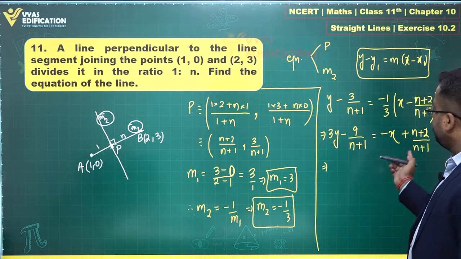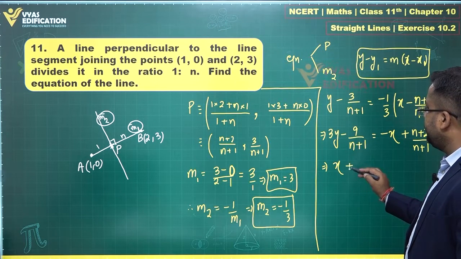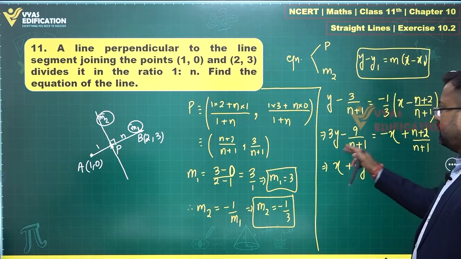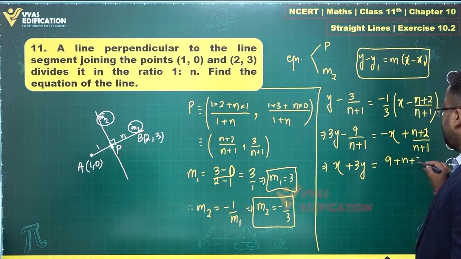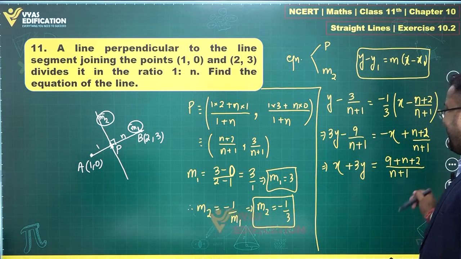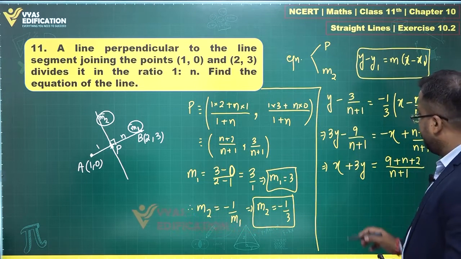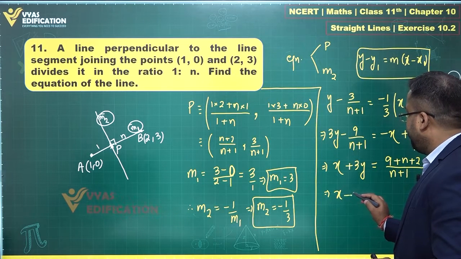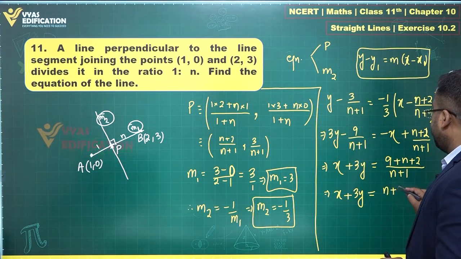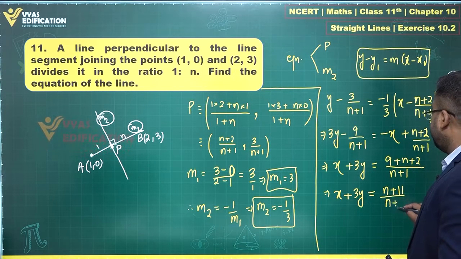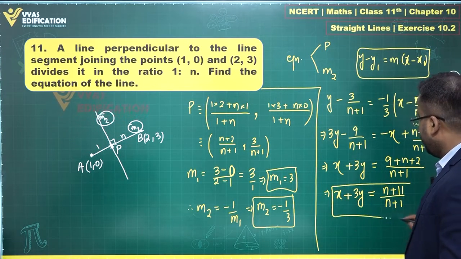Let's bring this x on this side. This is x plus 3y is equal to, bringing this term over, 9 plus (n plus 2) upon (n plus 1), taking n plus 1 as the LCM. x plus 3y is equal to (n plus 11) upon (n plus 1) is what I get.